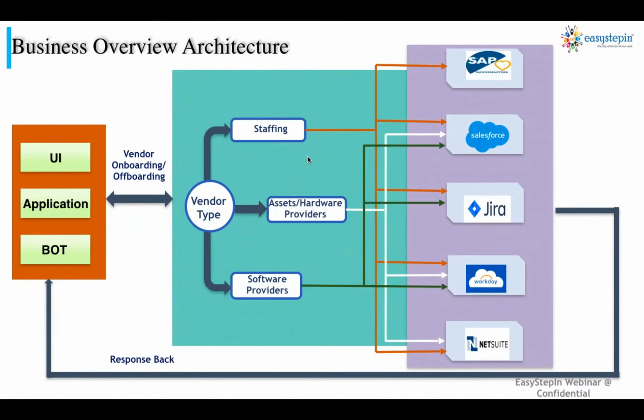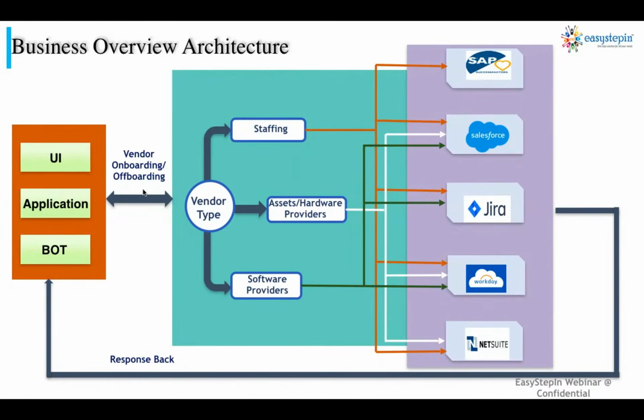As already said, we have different functionalities in this project. So we have different flows for different functionalities, like say one for vendor onboard, offboard, one for invoices, one for purchase orders, etc. So this is the architecture diagram for vendor onboard, offboard.